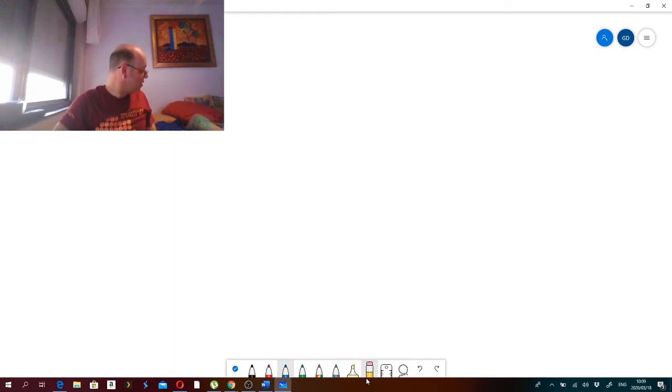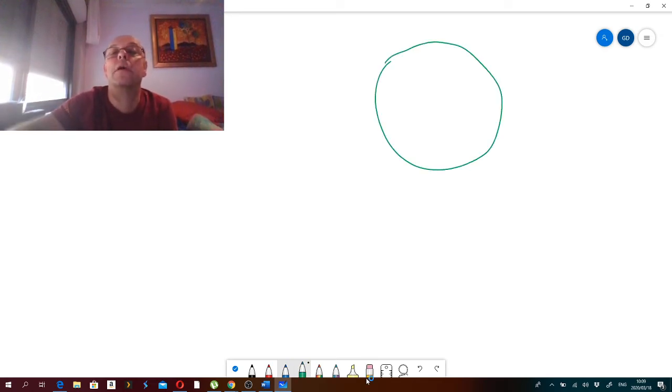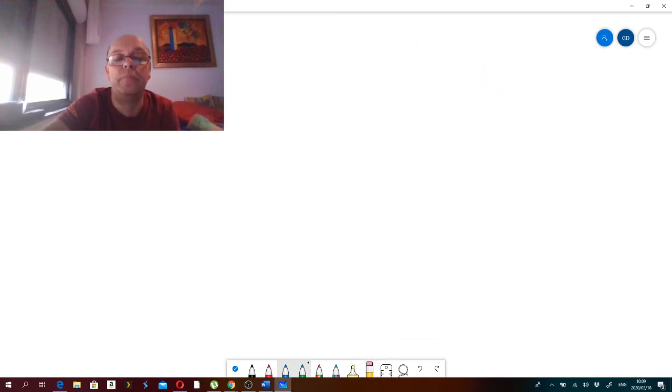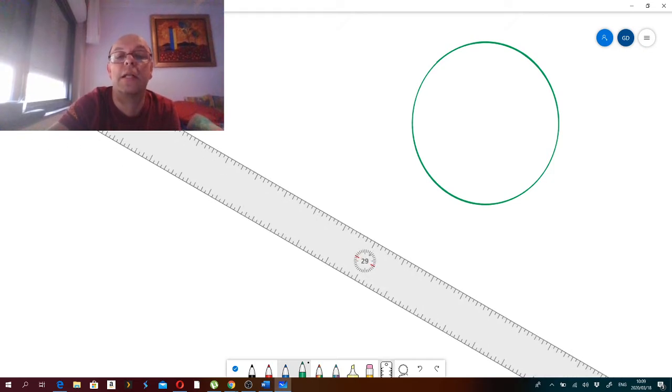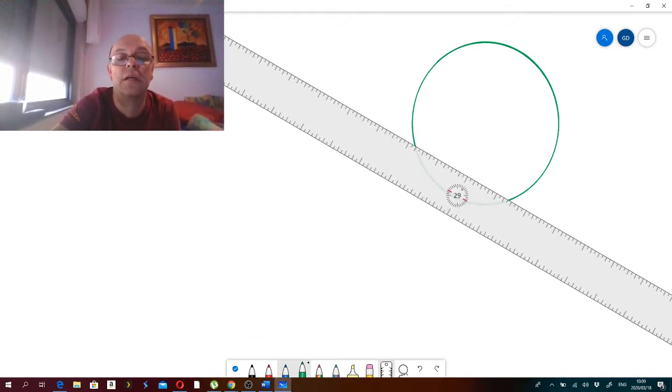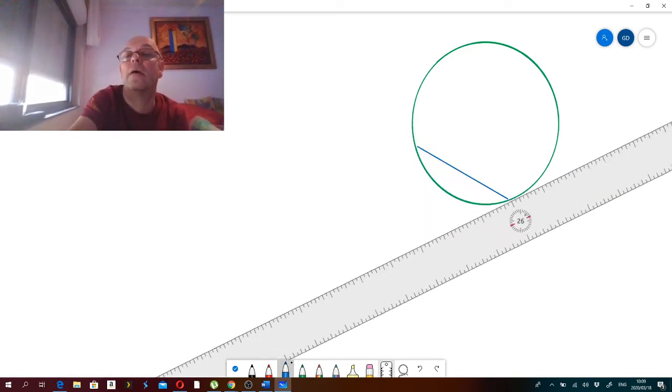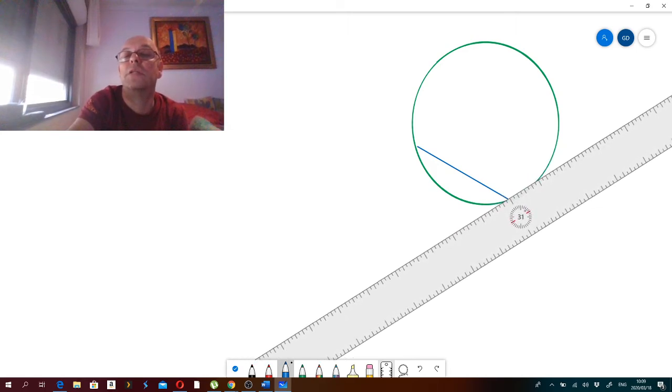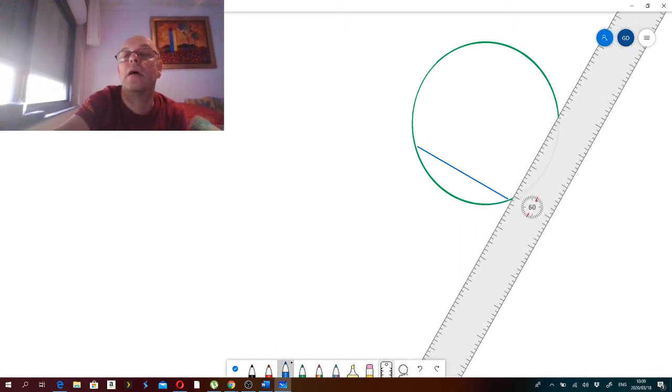So this is question 8. It says ABCD is a cyclic quad. So if we're going to draw here a circle, all right, that's not the greatest circle. Let's try it again. Right, and then we want to draw a cyclic quad, so let's just draw it in here. We're just going to make it any old cyclic quad, it doesn't really matter.